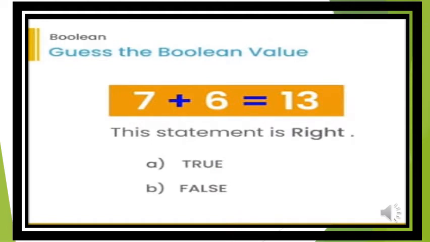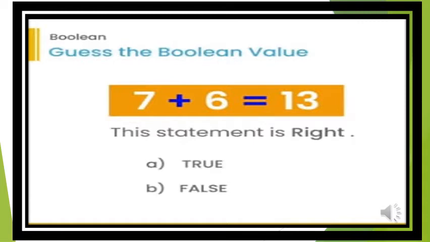So this is a very interesting thing. To make it more interesting, we will do another activity, that is to guess the Boolean values. Here we have two sets of statements. We have to check whether the given statement is true or false. Let's go with the first question. Here 7 plus 6 equals to 13. This is a mathematical statement and there is another statement, that is, this statement is right.